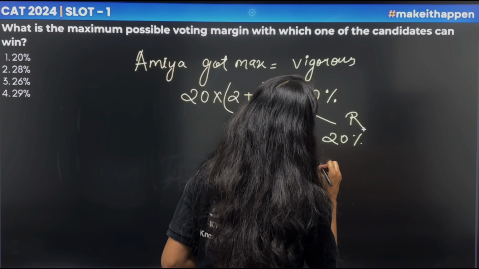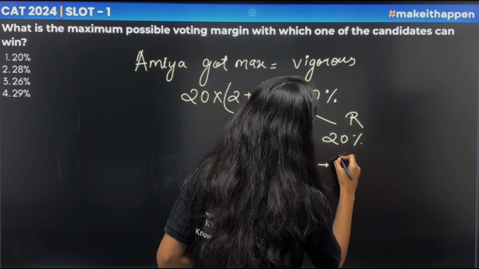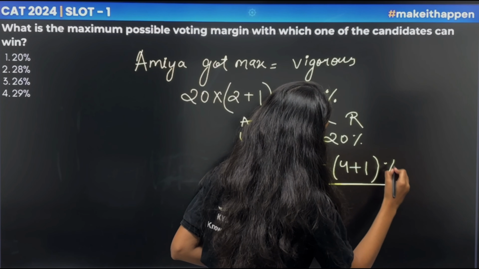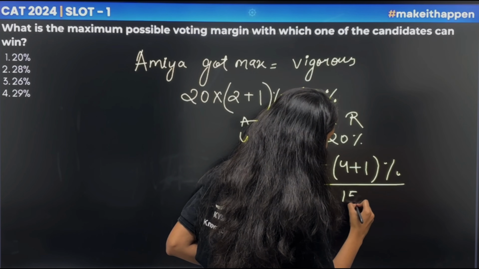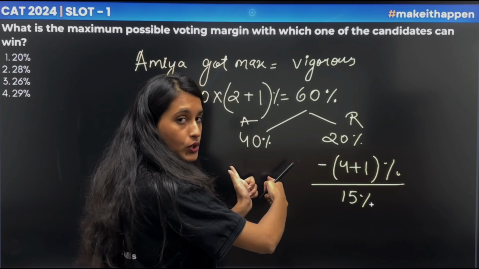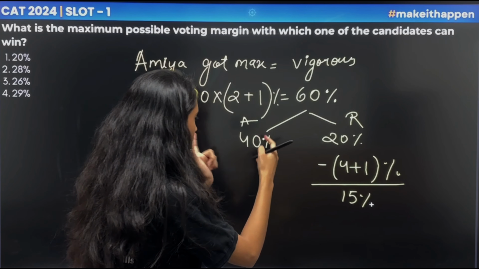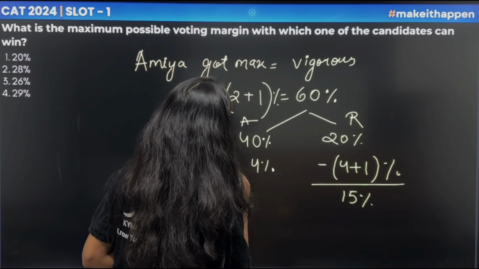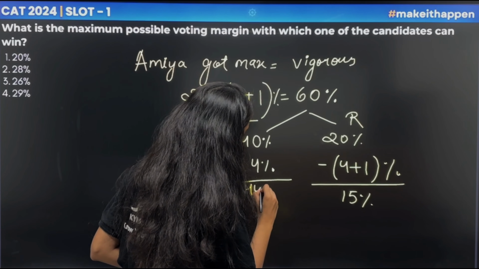So it would be 4 plus 1%. As we saw in the previous question, that would be 15%. And here 20% of the votes would be given to Amya. So Amya will get 4% additional. That will be 44%.